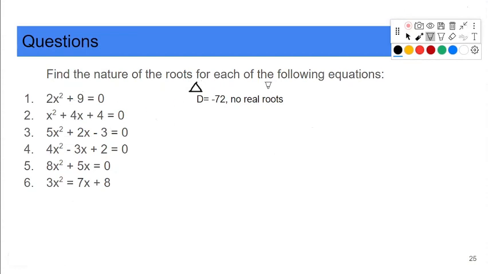Okay, so anybody finish the next one? Zero and one distinct root. Correct. Third one is positive 64.